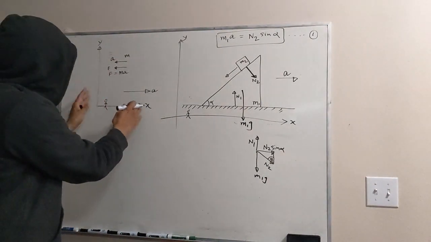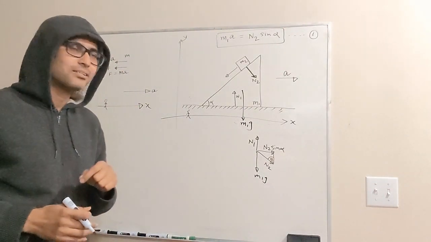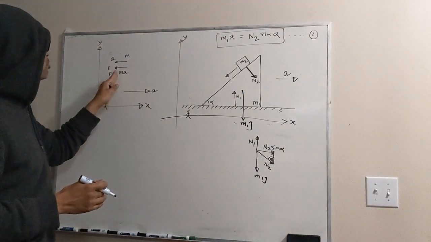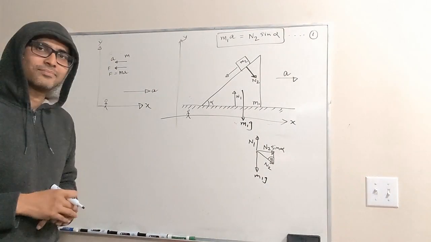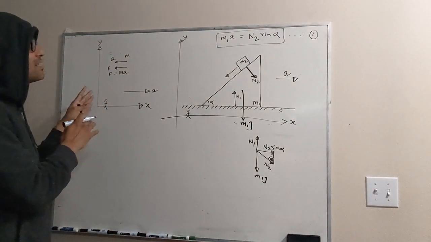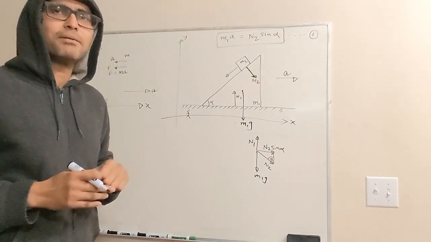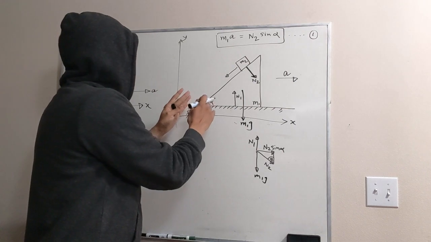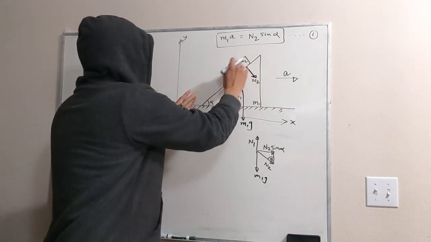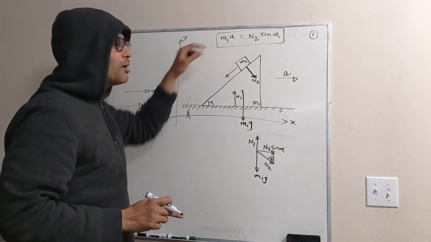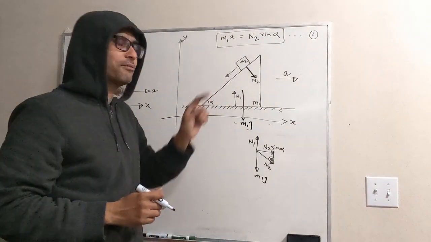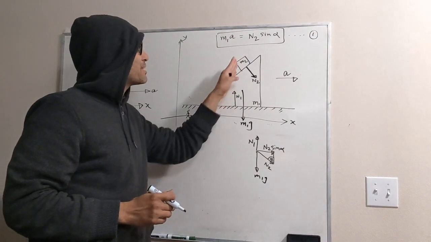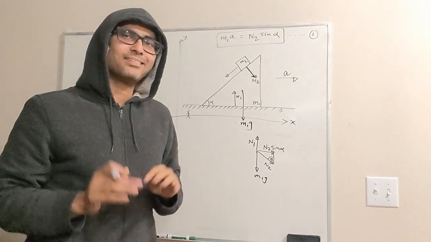So from an accelerated reference frame, which is not inertial, you can still apply Newton's law of motion, but you need to assume this fictitious force. Now let's see how this simple idea simplifies this problem. While analyzing the motion of the object M2, if I take M1 as my reference frame, then the motion of M2 with respect to M1 is simple, right?